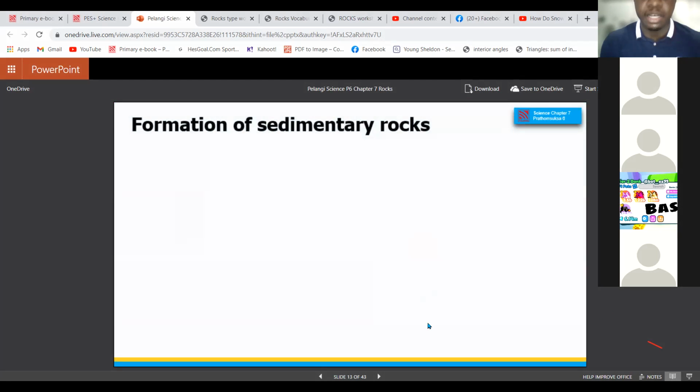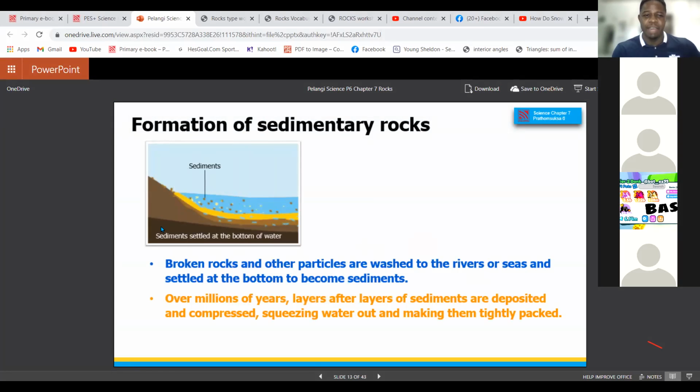Okay, let's go to the next one here. How sedimentary rocks are formed. Okay, so we just heard that, for example, if you have an igneous rock and the rock is exposed to nature. When I say nature, I mean rain and sunlight, okay?